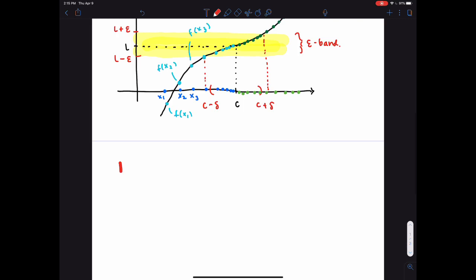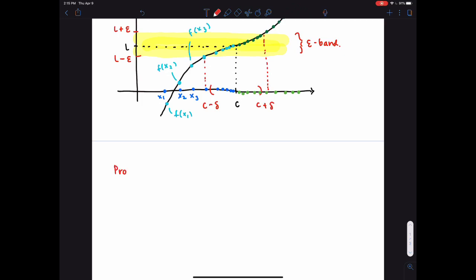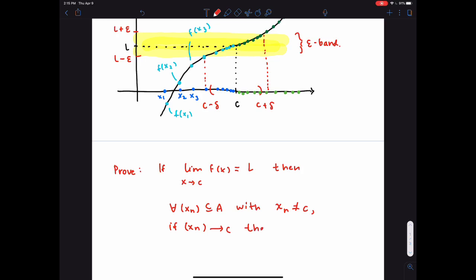Again, we want to prove: if the limit as x goes to c of f of x is L, then for all xn as a sequence within A, with xn not c, just meaning we're approaching c and not right at the point, if xn goes to c, then f of xn goes to L.